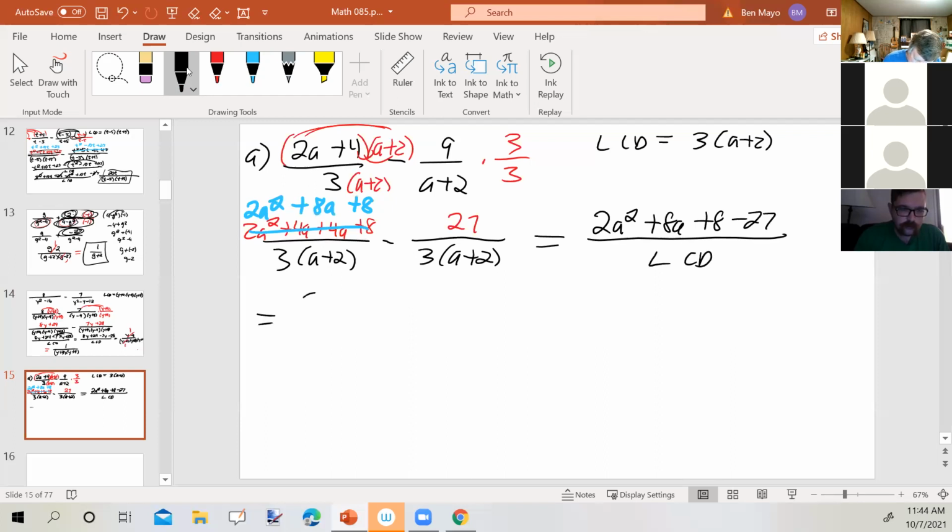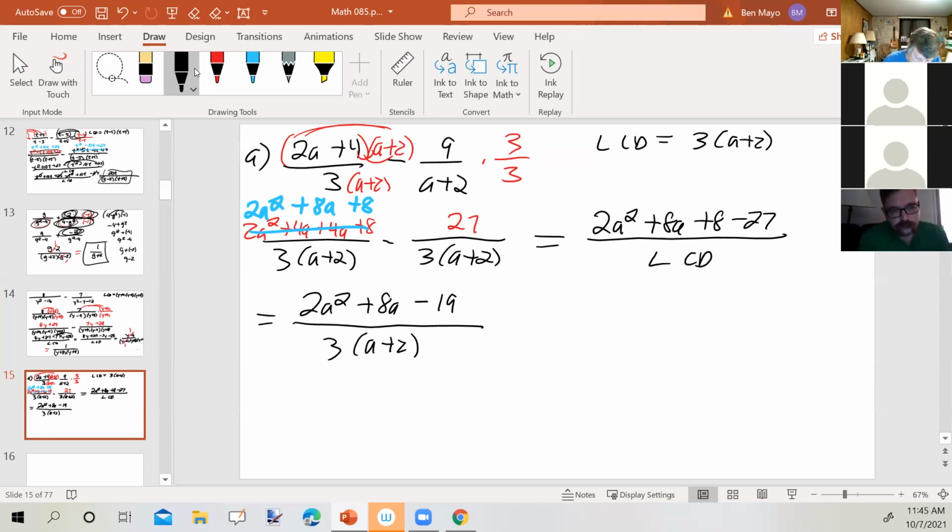Combining like terms, 2a squared plus 8a minus 19, I think it is. Yeah. Minus 19 over 3 times a plus 2. Okay, I see what I did wrong. I accidentally put 2a squared plus 4a instead of 8a. Yeah, I see that. Okay. We all right with that one?